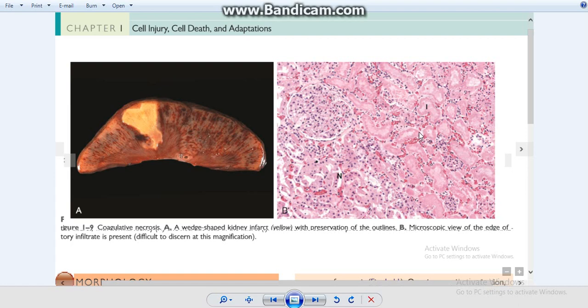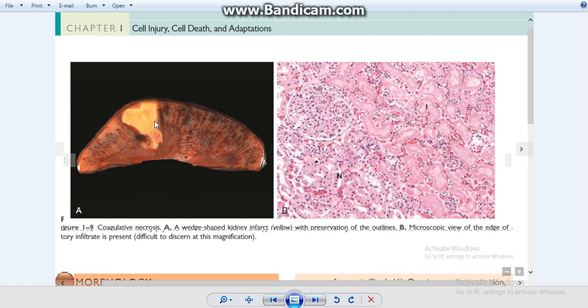So the structure is the same between the normal tissue and the infarcted tissue. However, we see right here that there are no nuclei. There are no nuclei, but the shape remains the same.